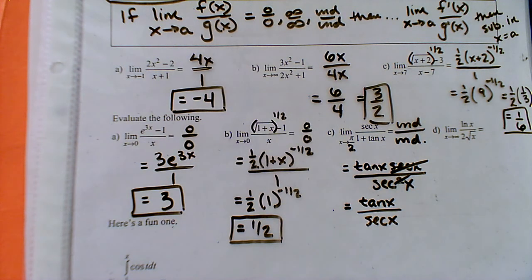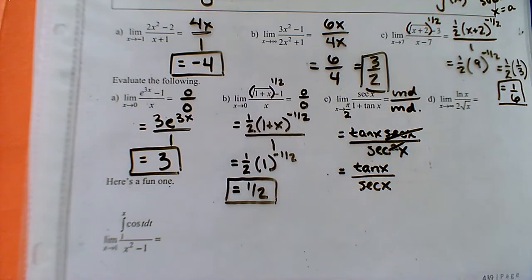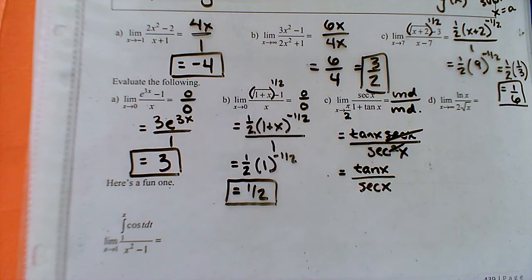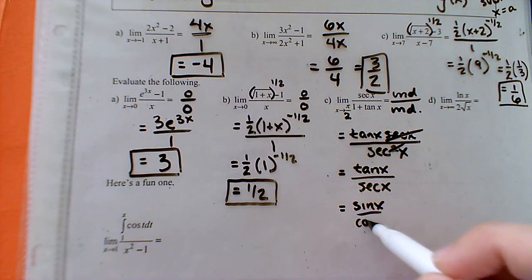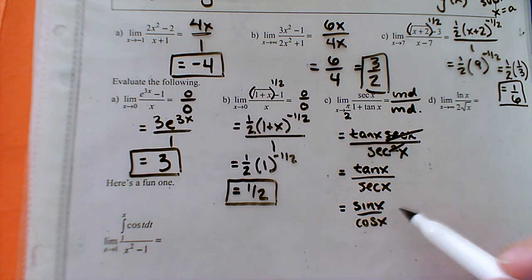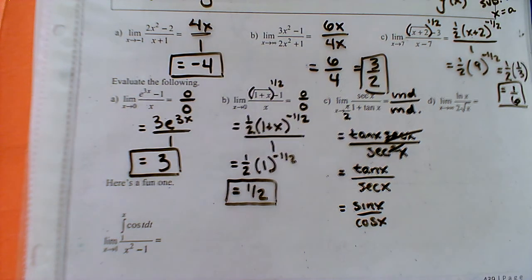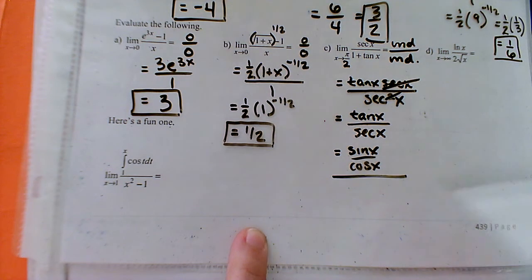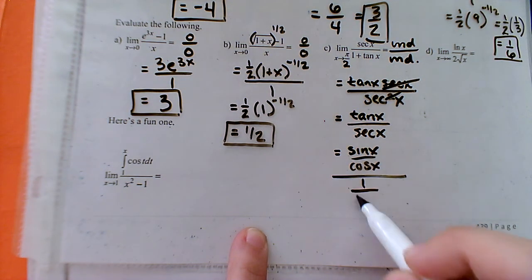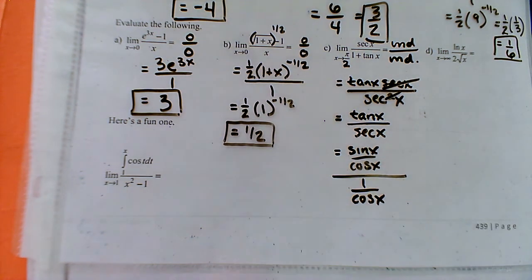But maybe we can keep simplifying that. Is there some way we can rewrite tangent and secant? Maybe in terms of sine and cosine, because we're a little bit more familiar with those. Tangent you can write as sine over cosine. And since secant is just 1 over cosine, you can just multiply the thing by cosine. So if we were to write this out, we'd have sine over cosine, divided by 1 over cosine.